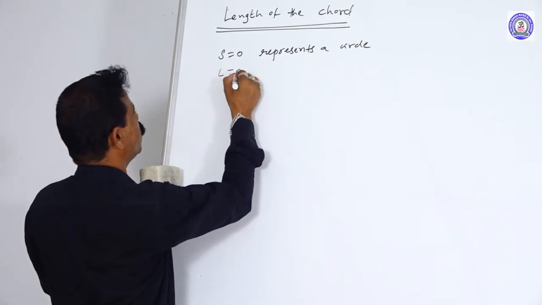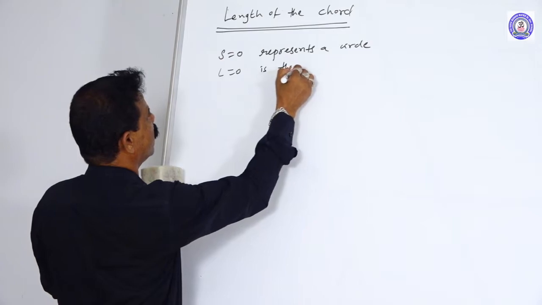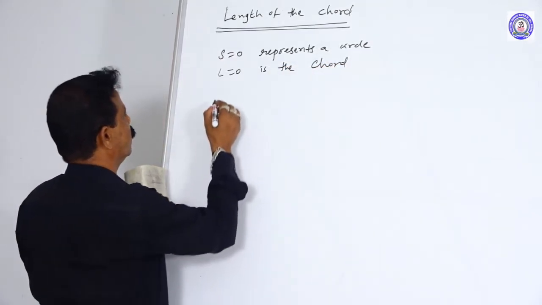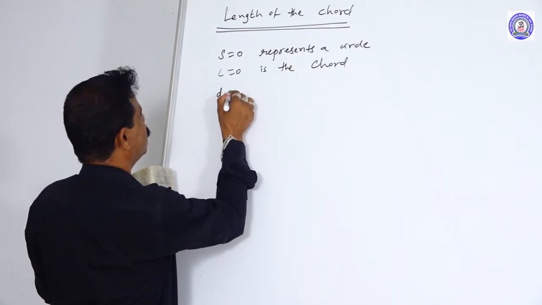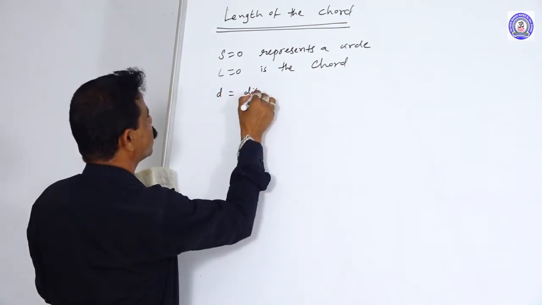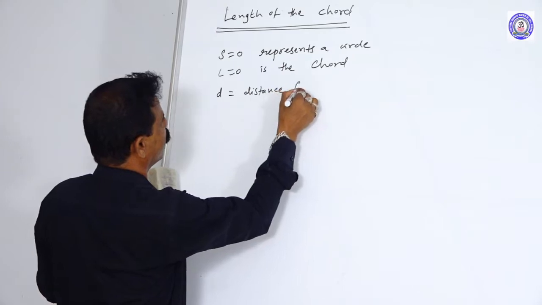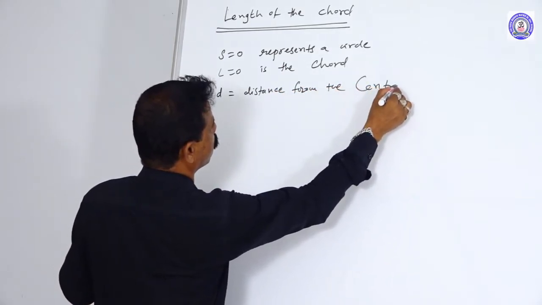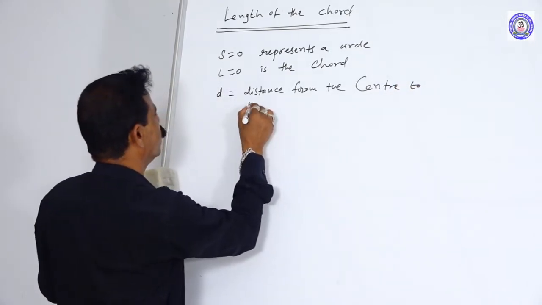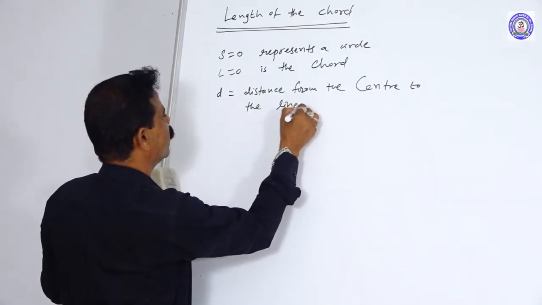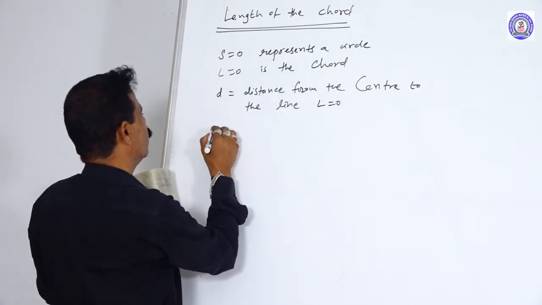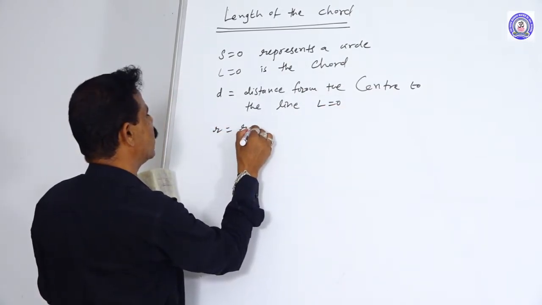L is equal to 0 is the chord, and D is the distance from the center to the line L is equal to 0, and R is the radius of the circle.